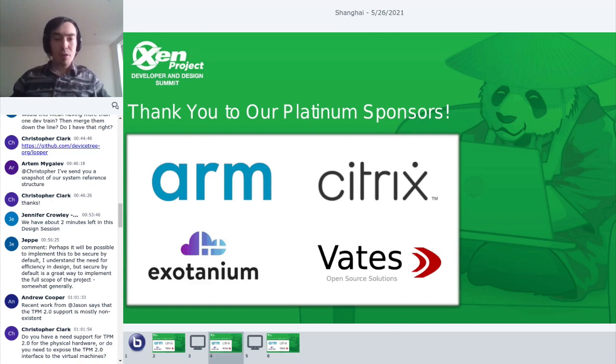It's worth noting that in Citrix, we had a push to integrate a TPM emulator previously, 4 years ago, but back then there was no 2.0 emulator readily available in a mature state. Now the situation is different. And because of this, we couldn't really push the feature quite far enough.